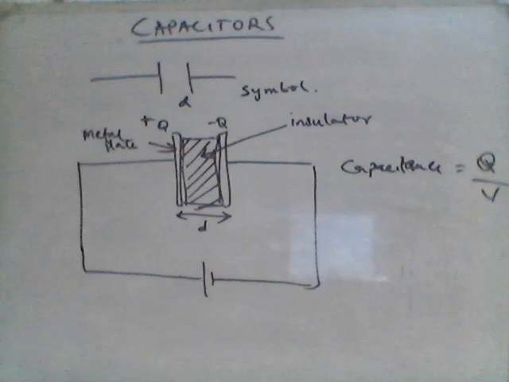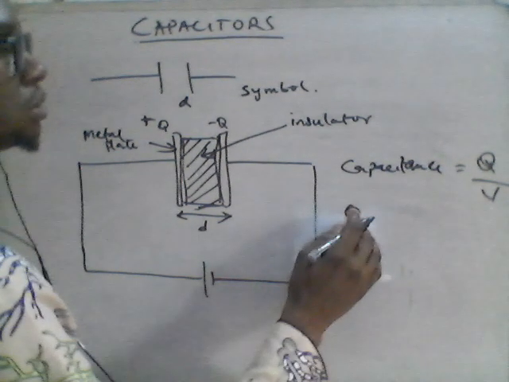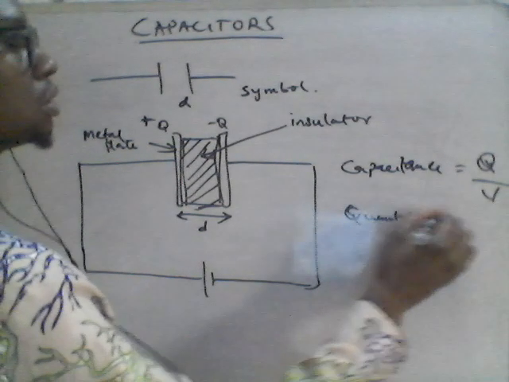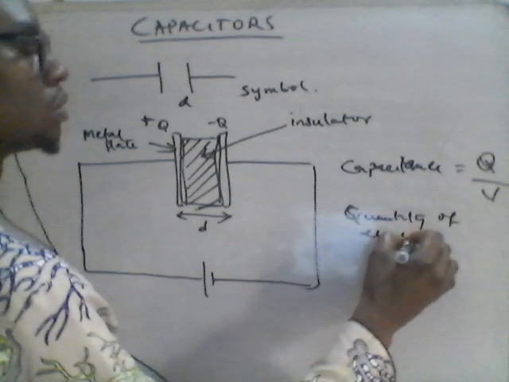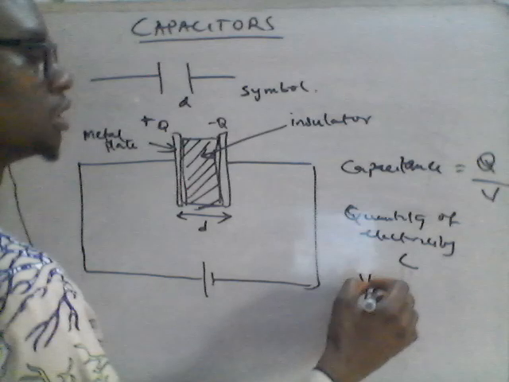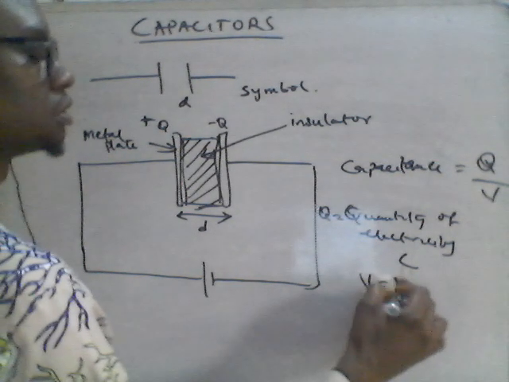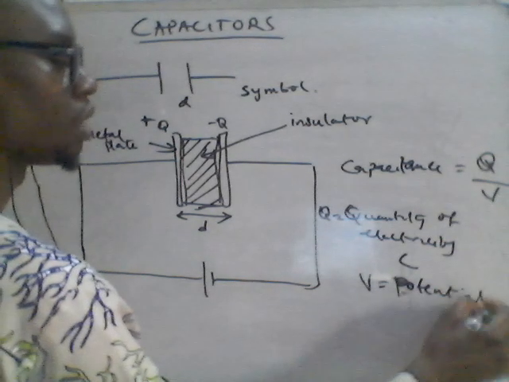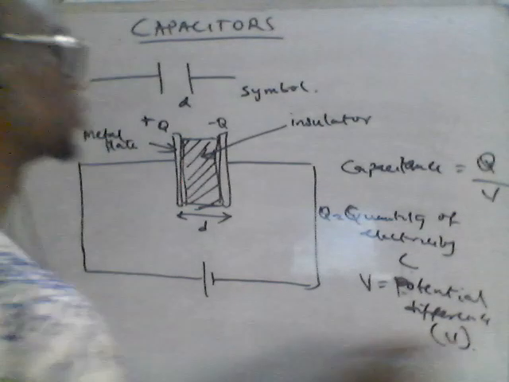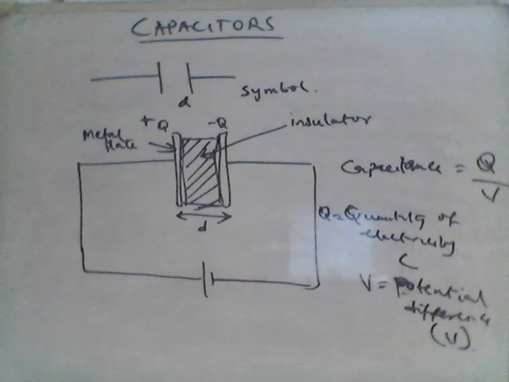Remember that charge is measured in coulombs. So quantity of charge, quantity of electricity, is measured in coulombs, and V is the potential difference, measured in volts. So that's the capacitance, the ratio between the quantity of charge and the potential difference.